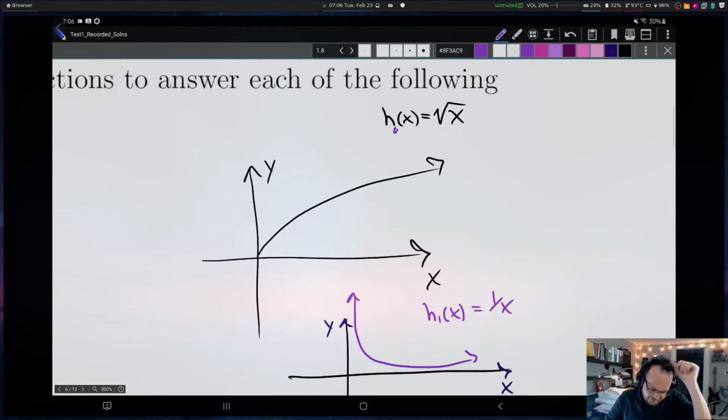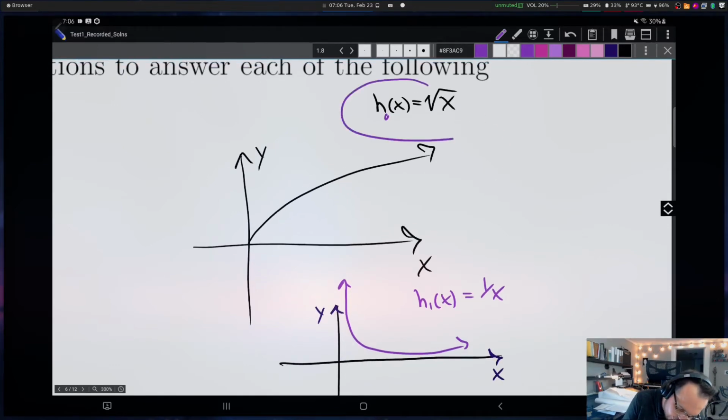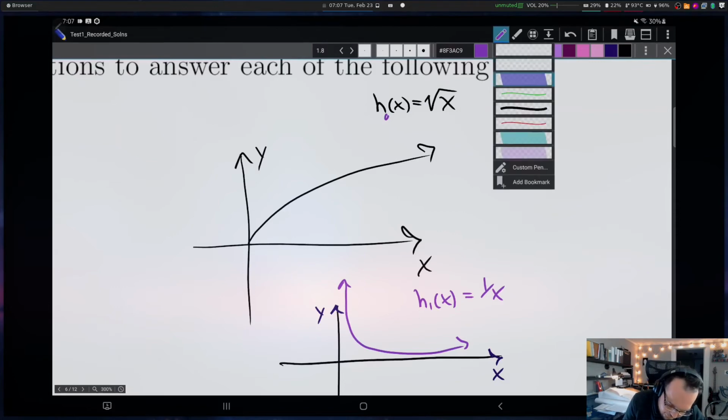So I know that 1 over x can attain all positive numbers as well. And if I'm feeding the outputs of one function into another one, so I'm doing h0 of x first, taking the square root, and whatever its output is, feeding it into 1 over x, in other words, composing these functions, I'm seeing that I can actually hit all of the positive real numbers if I want.